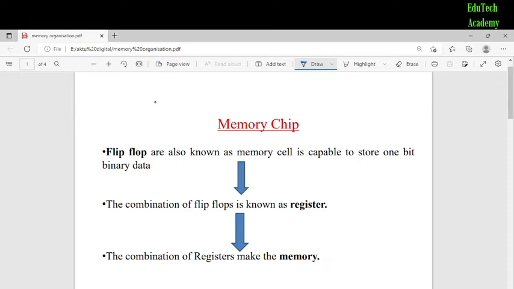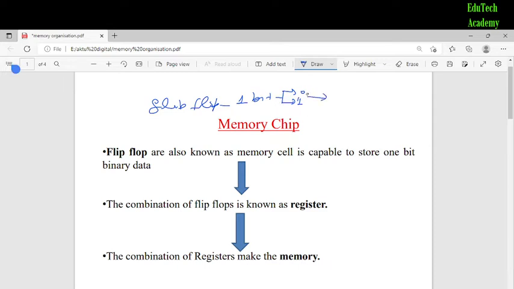Basically, the basic element of any memory is the flip-flop. A flip-flop is a digital element that is used to store 1 bit of binary data. This 1 bit can be 0 or 1. As we have studied, there are four types of flip-flops, but in a memory chip, mostly the D-type flip-flop is used because, as we know, D-type is a flip-flop that provides at the output what is given to the input.